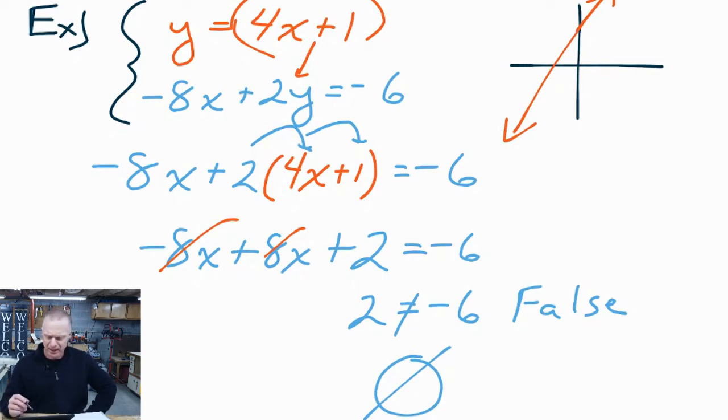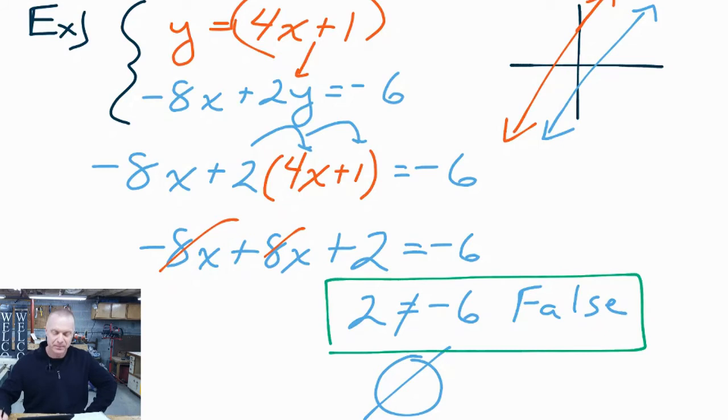And I think if we graph this second line carefully, we're going to have a line that's down here. But either way, where do those 2 lines intersect? Well, you're right, they don't. And so we don't have a solution to this system. But notice that's because we got this false result when we did the substitution method.